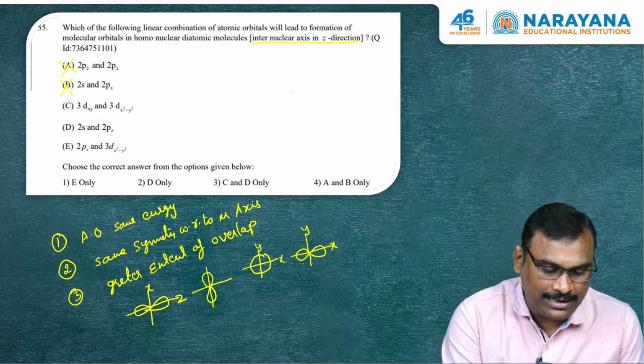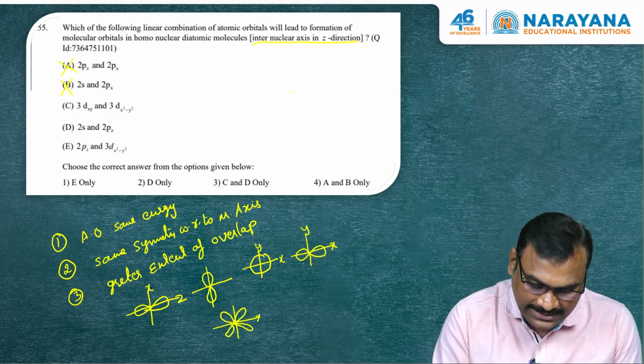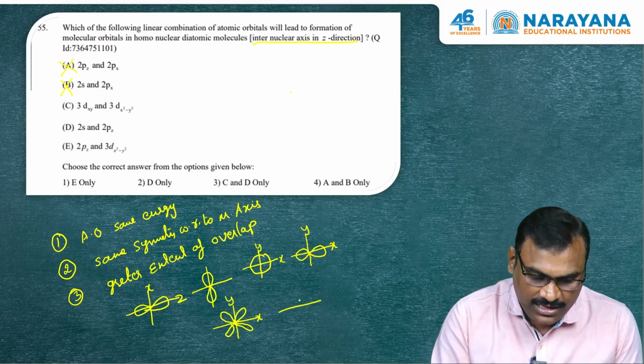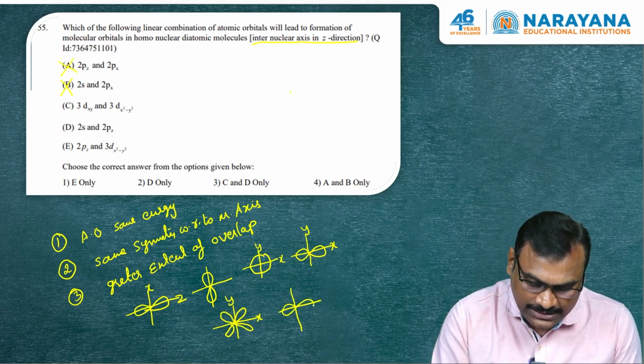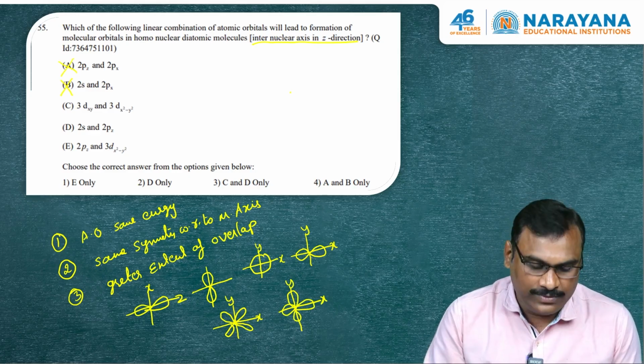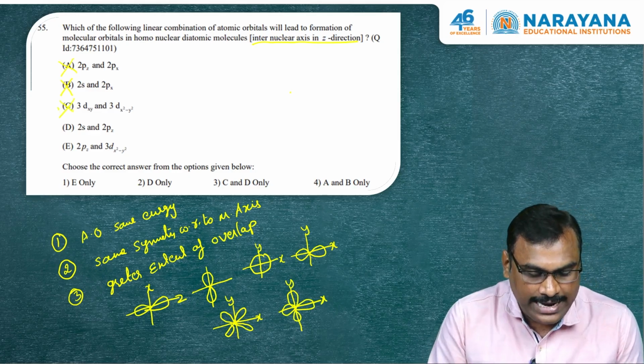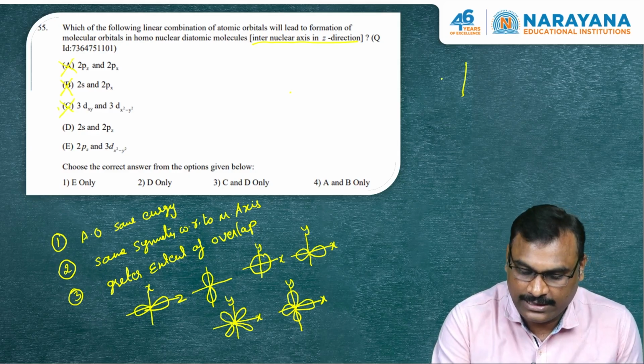And if you go for C also, 3dxy, here the lobes are present between the axes. If you go for the next one, 3dx square y square, the lobes are present on the axis. It also is not favorable for combination. And 2s and 2pz, yes, it may be a chance.